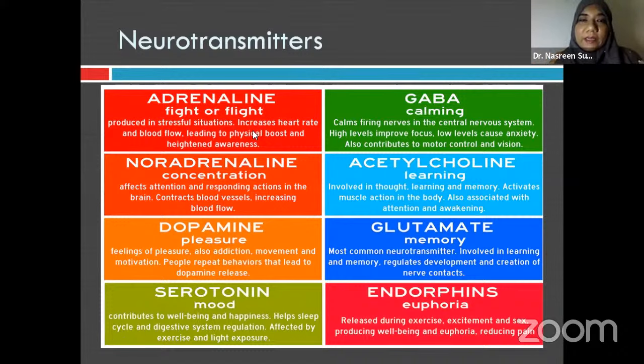See, these are the different neurotransmitters we have: adrenaline, GABA, noradrenaline, acetylcholine, dopamine, glutamate, serotonin, endorphins.